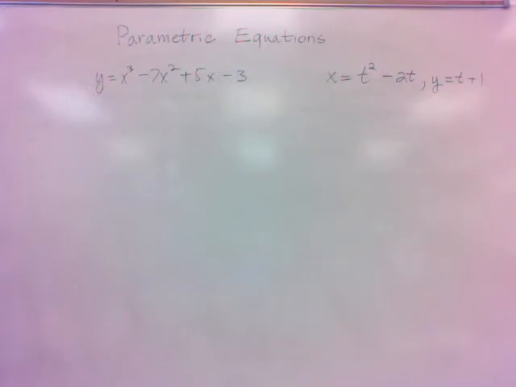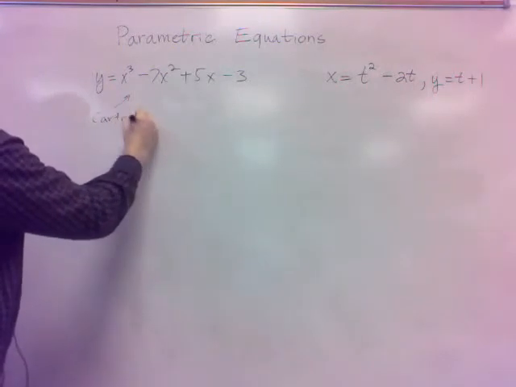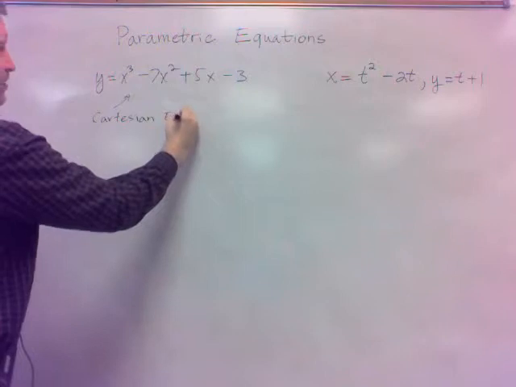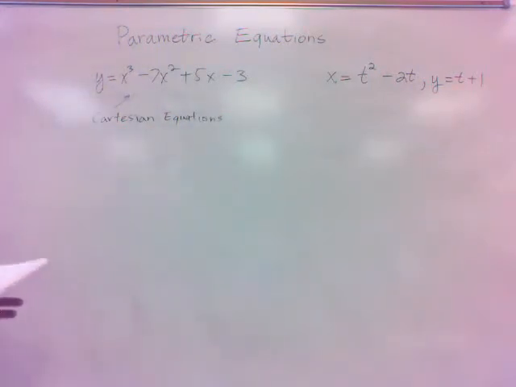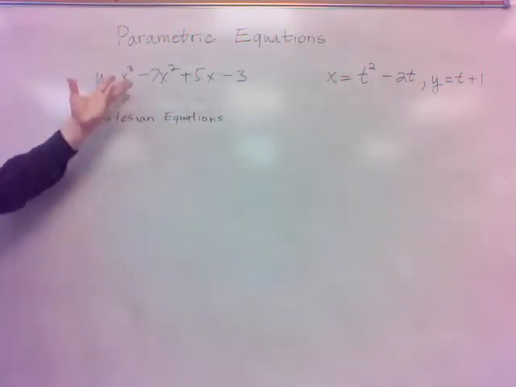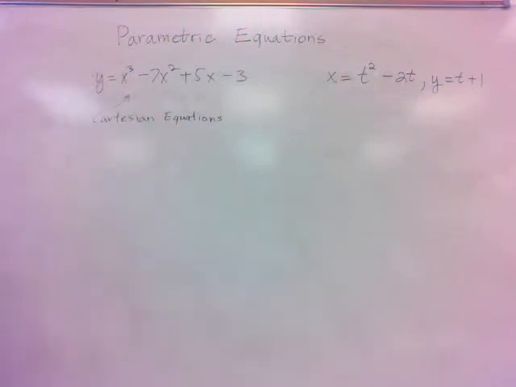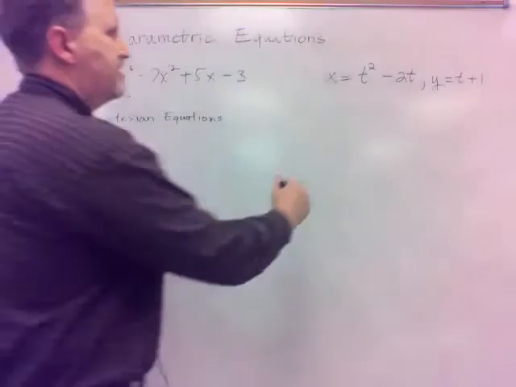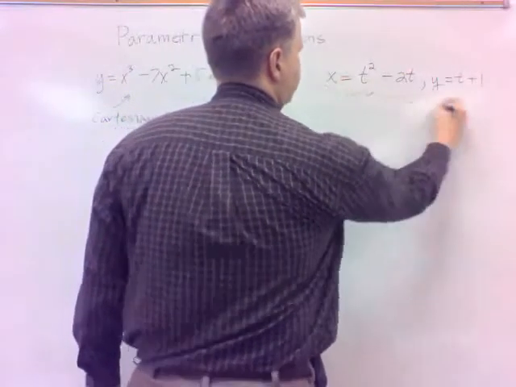We don't usually call them this, but comparison-wise, these are Cartesian equations, referring to the fact that when we graph that, we've got x, we've got y, and the y is related to the x this way in the Cartesian coordinate system. So we can refer to that as a Cartesian equation. This right here is what's known as a parametric equation.